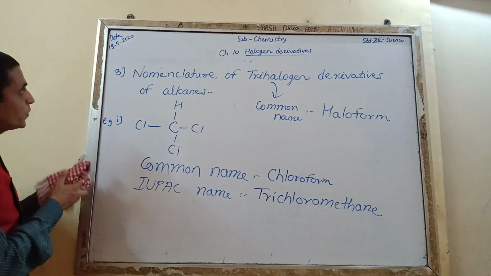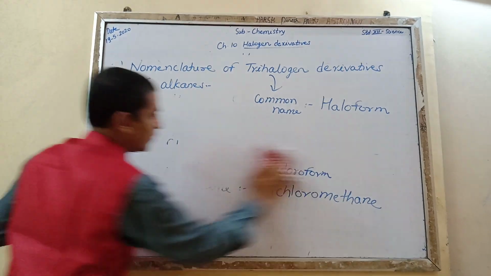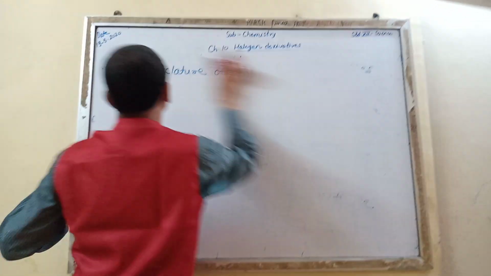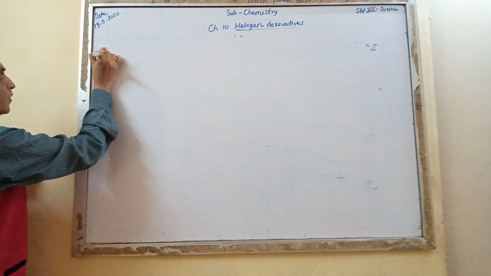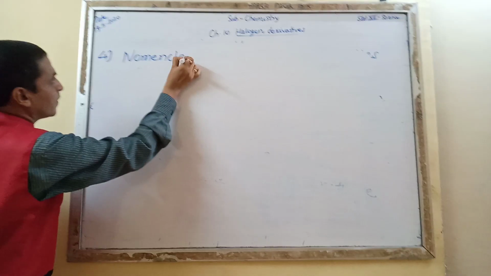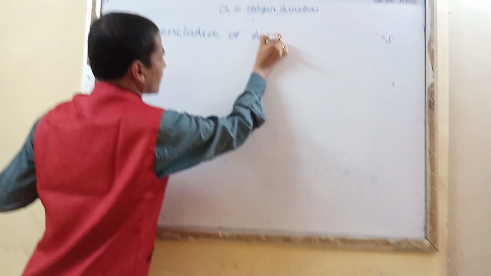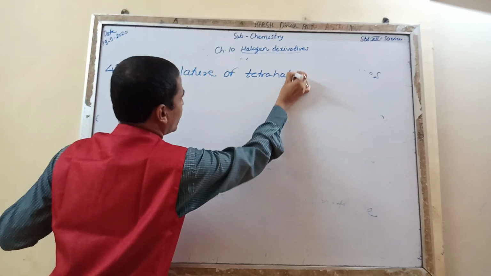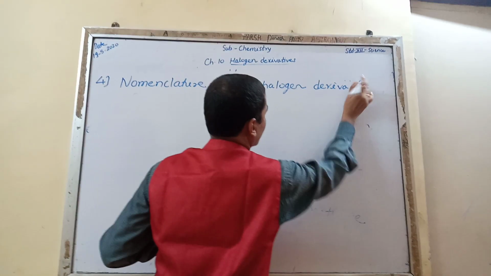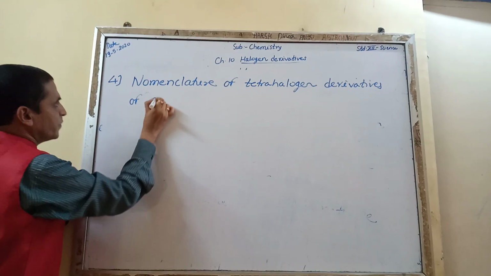Okay, we will proceed for the next part, that is the fourth part, nomenclature of tetrahalogen derivatives of alkane.